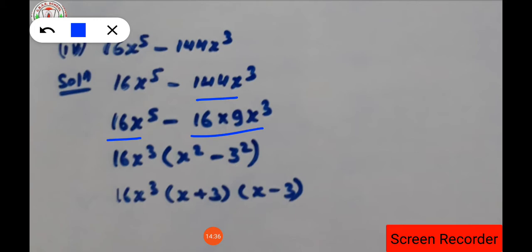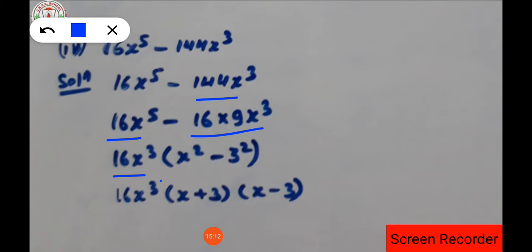Here look, 16 is there in 16x to the power 5, and 16 into 9x to the power 3 is there. Then we can take 16x cube as common, because 16 is present in both terms as well as x cube is present in both terms. So taking it common, 16x cube into (x square minus 3 the whole square), because 9 can be written as 3 into 3, so 3 square.